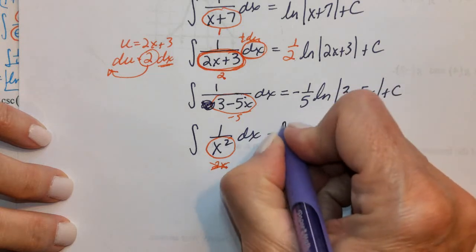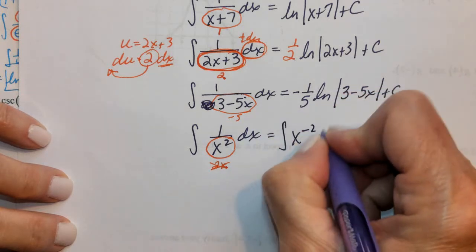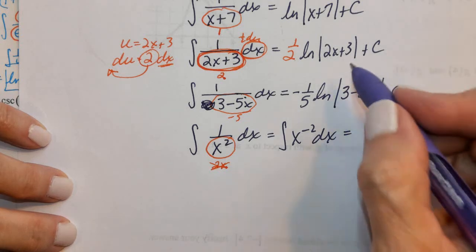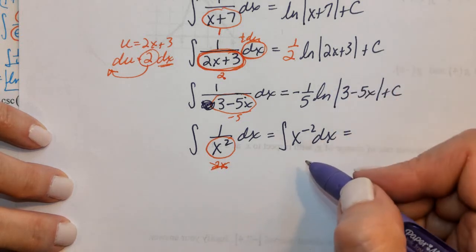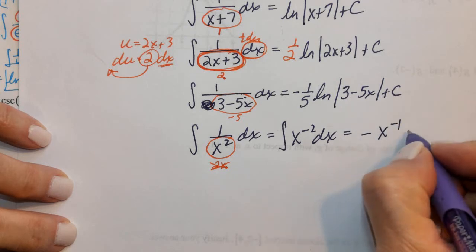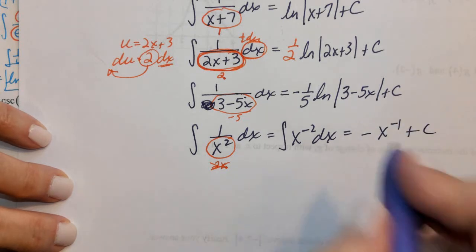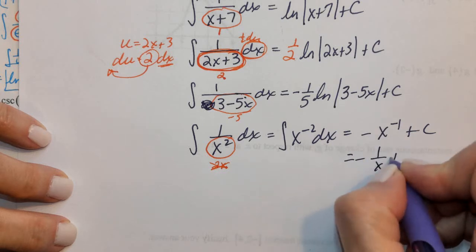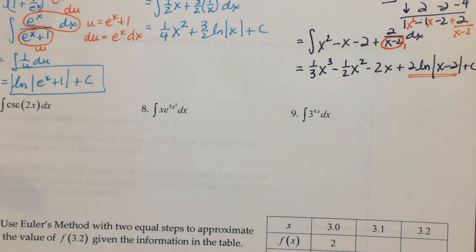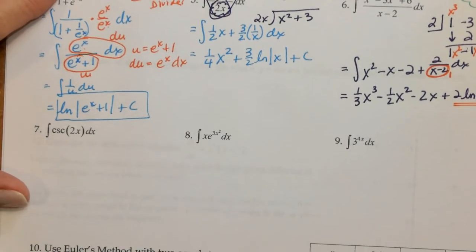We would write this as x to the negative 2 and use the power rule. If it's not a natural log, you use the power rule. Okay? X to the negative 1 plus c, or negative 1 over x plus c. So I would usually do that in class on that day.